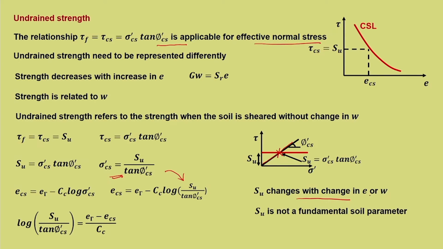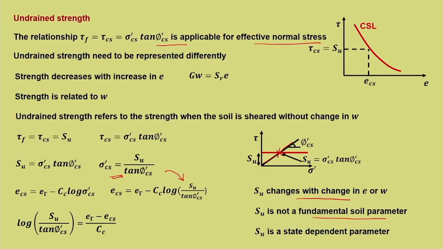Since it is changing with the state, it is not a fundamental soil parameter, and that is where we started off with C dash and phi dash. So, for undrained shear strength, it still holds good that it is not a fundamental soil parameter. Su is a state dependent parameter.